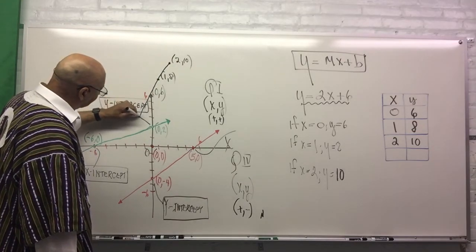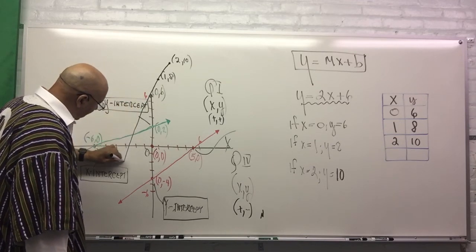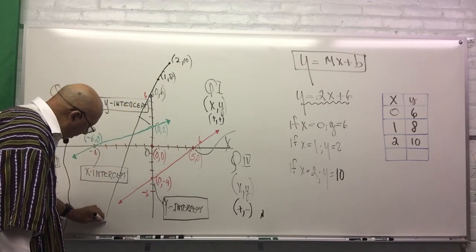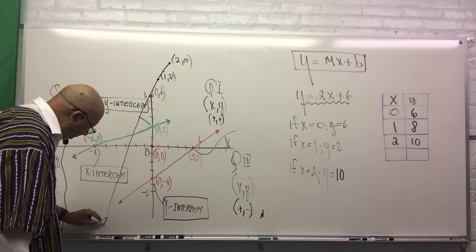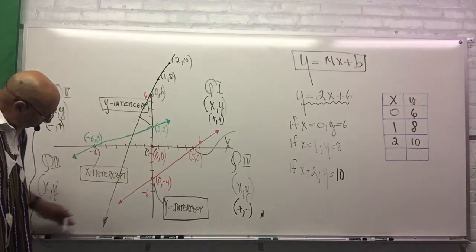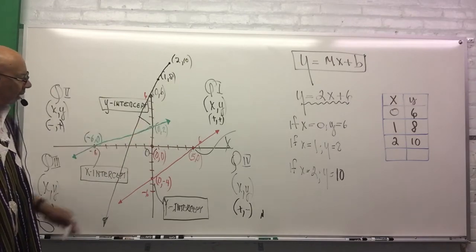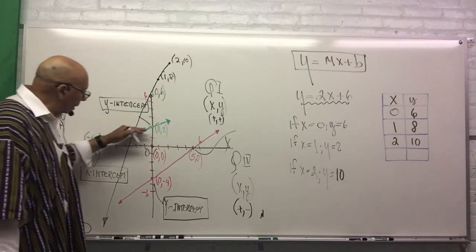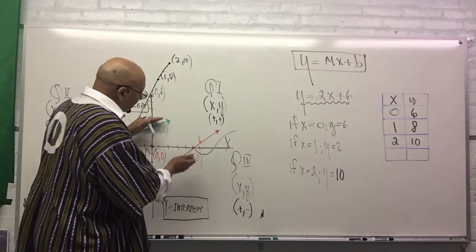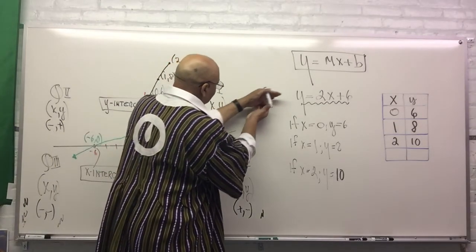I'm making it a little crooked though, but if it keeps going down, I can see that it's going to cross this line if I extend it. It's already crossed that line. And you can see if this keeps going and that keeps going, somewhere they're going to cross out here.